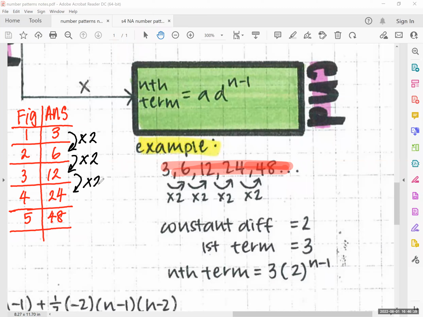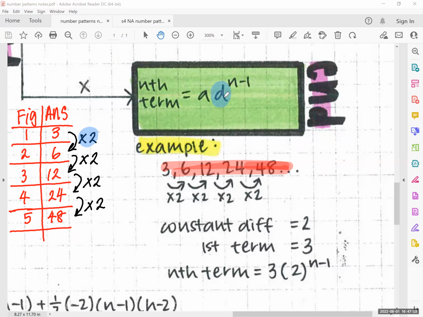Times 2. 24 to 48. Times 2. So can you see everything is all times 2, times 2, times 2. First layer constant difference, correct or not? Which is here, this is first layer constant difference, which is this blue. So that's why I highlight this in blue also. Means the constant difference is 2.